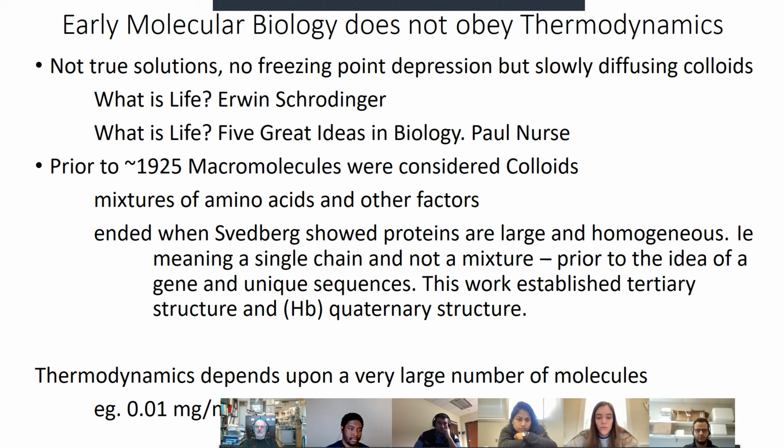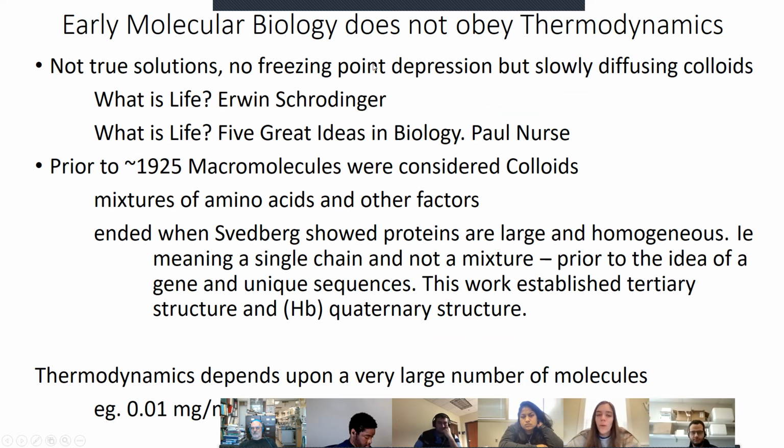Early on in the development of molecular biology, we usually describe it as the development of molecular biology, but it was really the development of biochemistry and biophysics and molecular biology. Early on, we didn't understand stuff. We didn't know what proteins were. We didn't know what macromolecules were. We thought that these solutions of macromolecular things were not really true solutions.